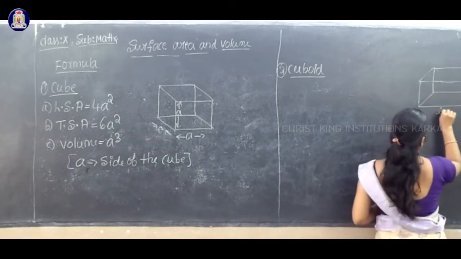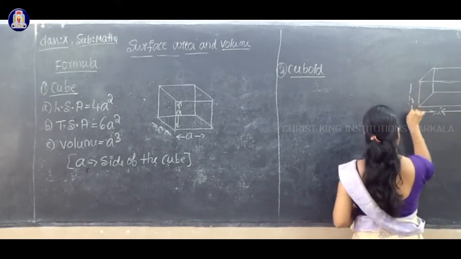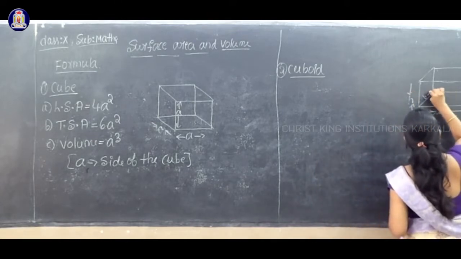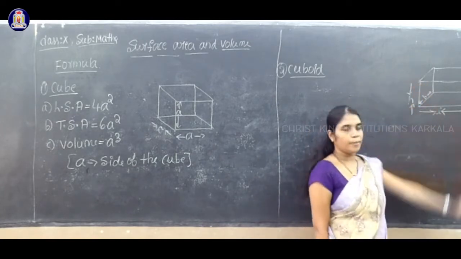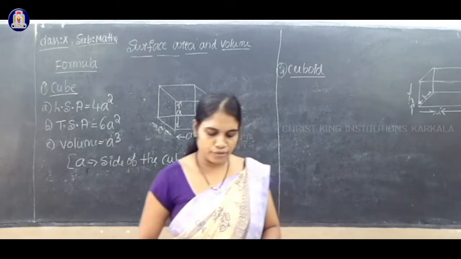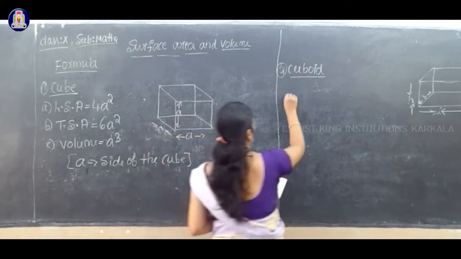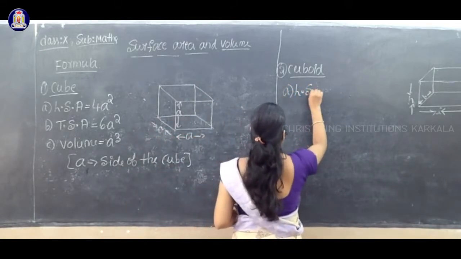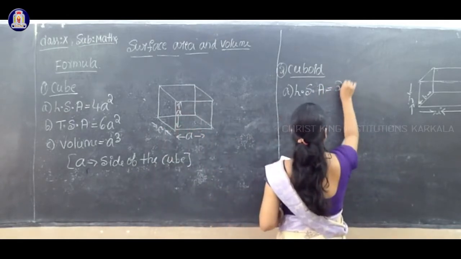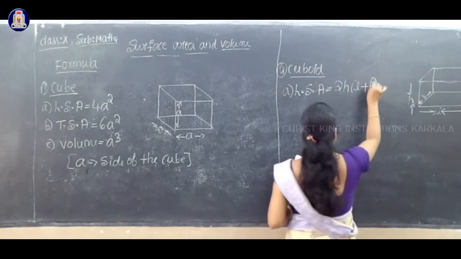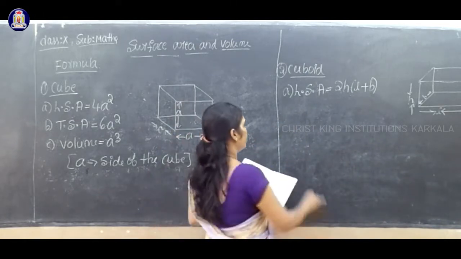This is the length of the cuboid, this is your height and this is your breadth of the cuboid. In the case of cuboid, first I will write the formulas: LSA, TSA and volume. The first one is LSA, lateral surface area. What is the formula? 2H into L plus B. This is the LSA of the cuboid.